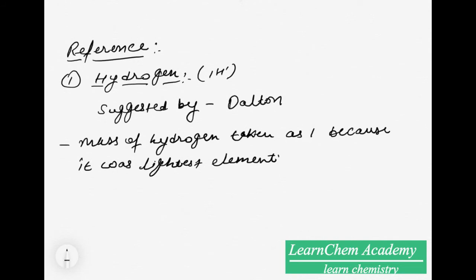Then why did it fail? Why can't we continue with hydrogen's mass as a reference element?